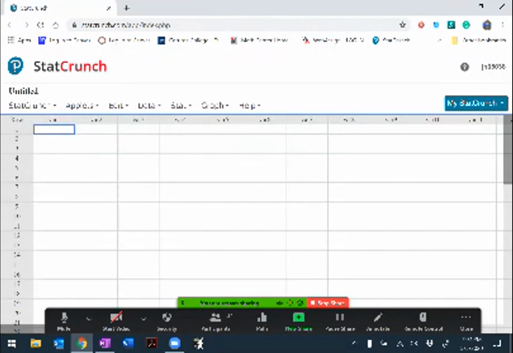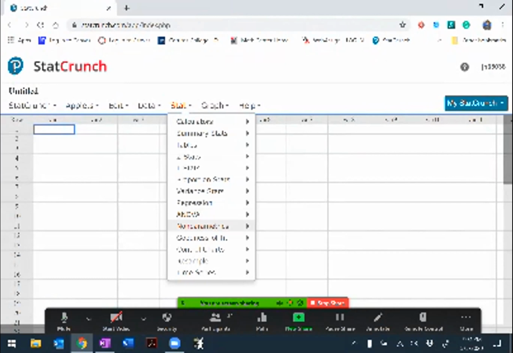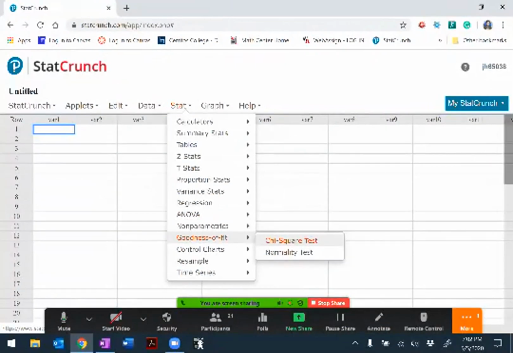So yeah, let's see what we got here. So stats, okay, and there is goodness of fit, chi-square test. Goodness of fit chi-square test. That was for the other one that we did.